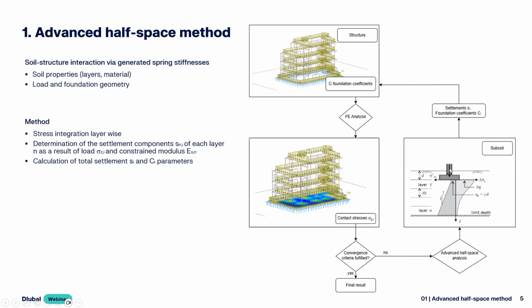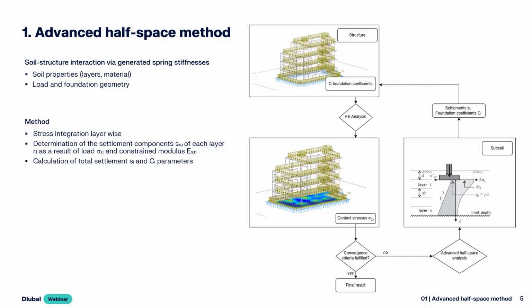They again will be put on the subsoil with its properties, and again the settlements will be calculated, and also the foundation coefficients. Then it will be updated, and so on and on, until this iterative process is finished and the convergence criteria is fulfilled. Yeah, this just as small summary for this method.